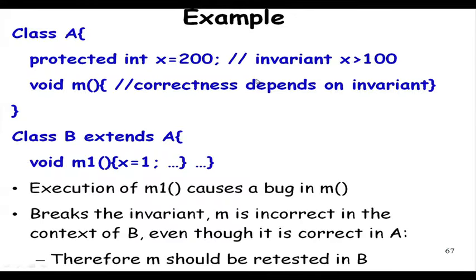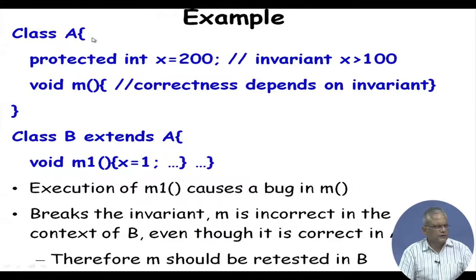Let us look at an example. We have a base class A, where a class variable x is assigned the value 200, and then we have a method m which manipulates the value of x, but makes sure that the value is always greater than 100, and for the method m to work correctly, x always needs to be greater than 100.